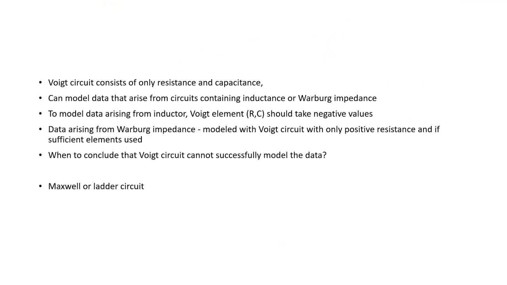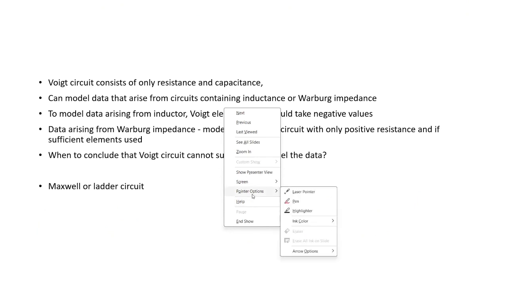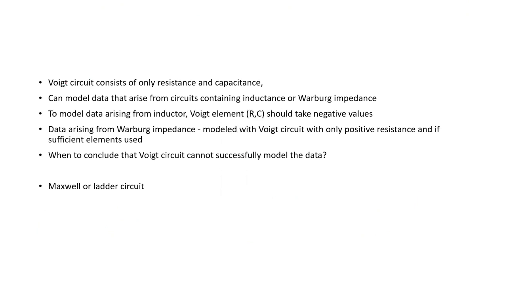Now we stopped over here. What circuit consists of only resistance and capacitance? Is it possible to model all types of circuit, like if the circuit has inductance and Warburg?